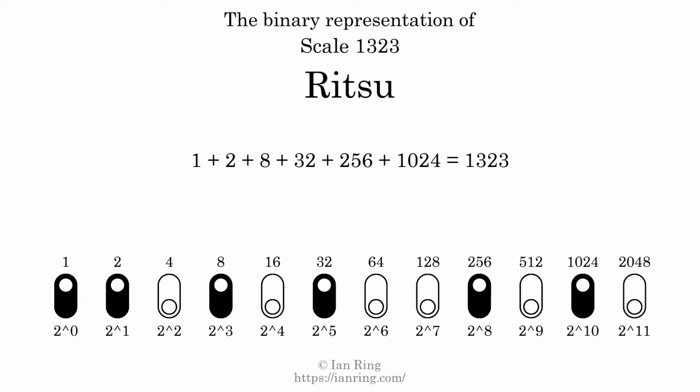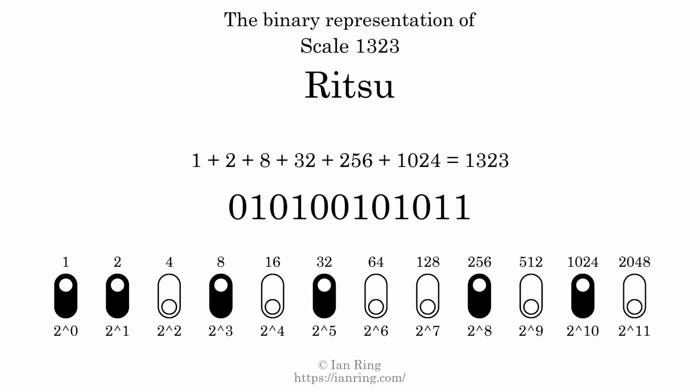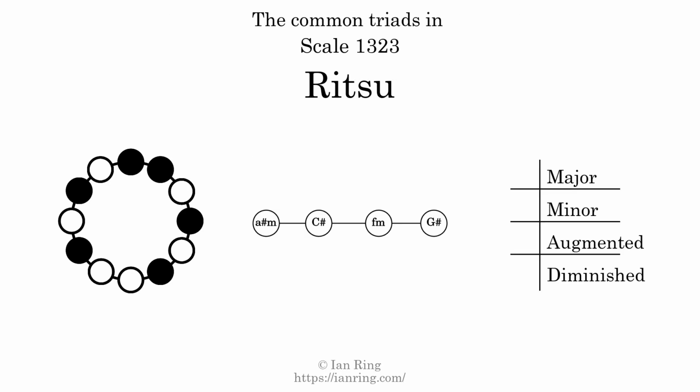That is why the scale number, in decimal, is 1323. The scale number not only enumerates the scale with a unique index, but it also literally describes the tonal content of the scale. Represented as a binary number in base 2, the scale number is 0101001010111.